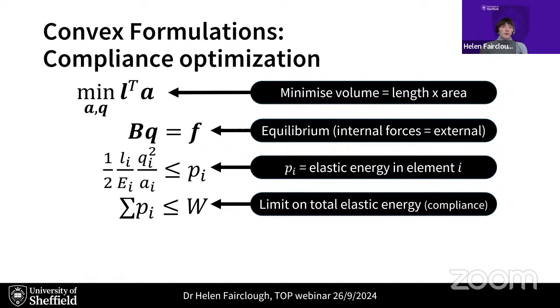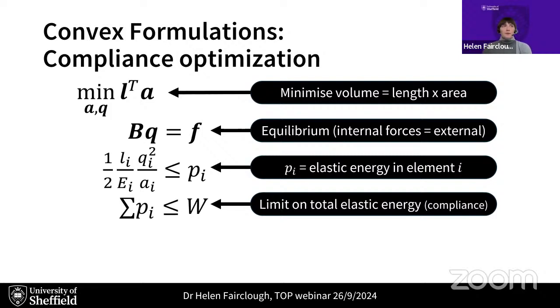We might also want to look explicitly at compliance optimization. In this problem, you will see a lot more variation in exactly how it's posed. This is my preferred way of doing it. I like to stick with the same posing of the problem in that we're minimizing volume subject to a limit on our compliance, or our total elastic energy.